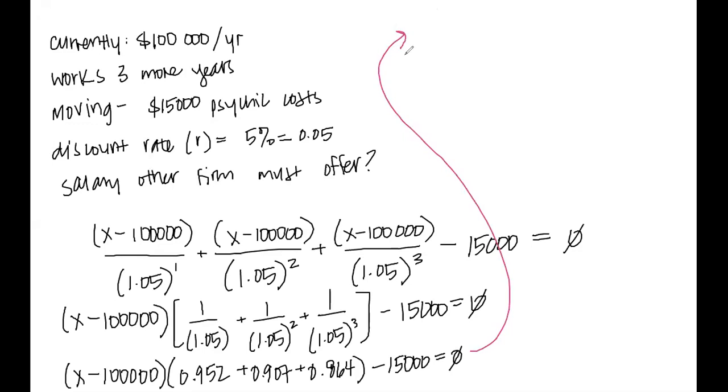So simplifying all of that down, I got 2.723x minus 272,300 minus 15,000, and that would all be equal to 0.